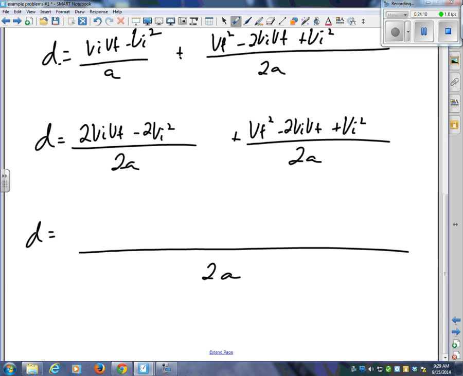This is the part where it starts getting smaller. Formula derivation is all about making it big and wide and then canceling and making it nice and small and compact. So how do you add? You just take everything on top and you add everything over here, right? I've got 2 vi vf minus 2 vi vf. See you later.